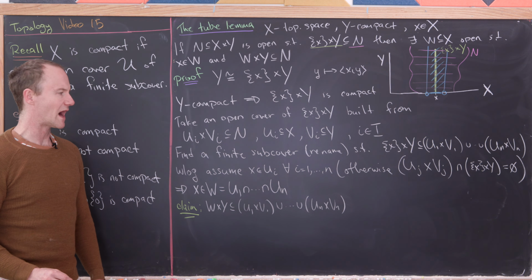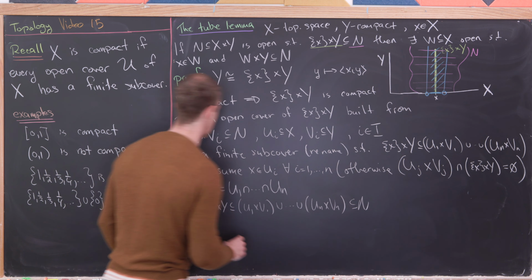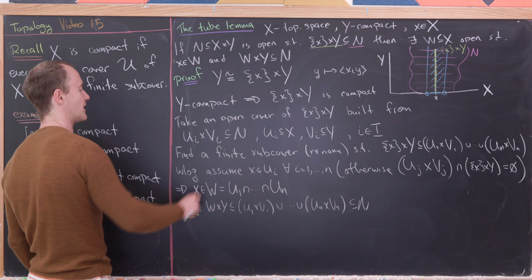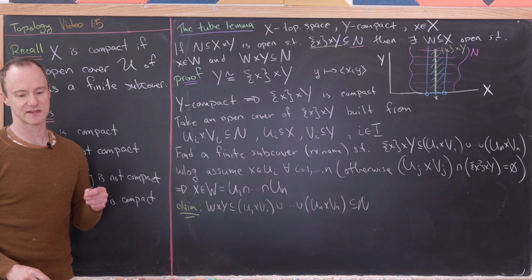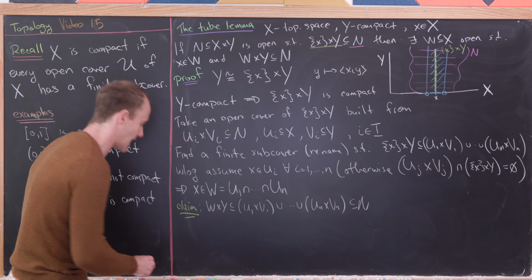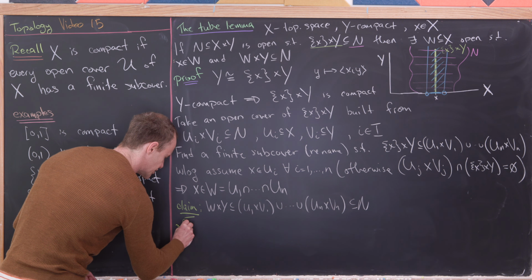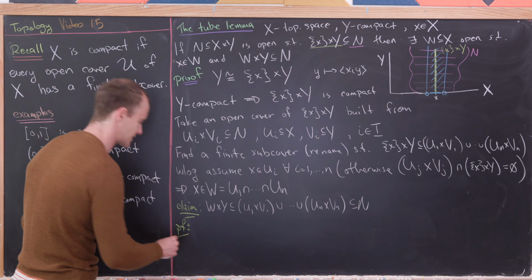But then why will that be a subset of N? Well, all of that will be a subset of N because of our choice right here that each U_i cross V_i was a subset of N. Okay, so let's see how that might go. It's actually pretty straightforward just by following elements through.